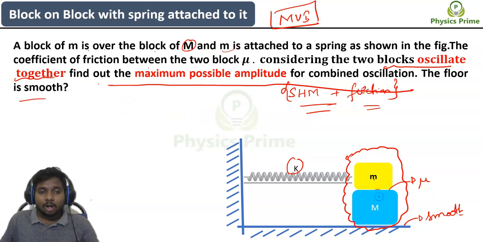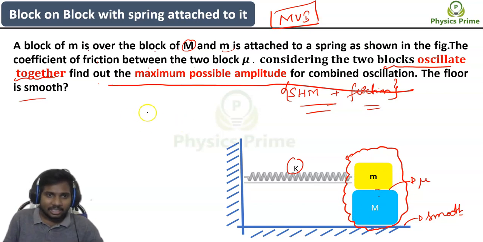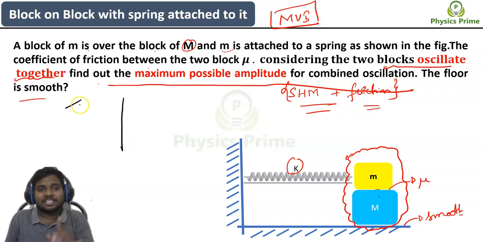If the block is not slipping with respect to small m, they both should move together. So we have to see the condition here. Both blocks should go together, that means they should not slip with respect to each other. Using friction we can solve that point. And second, the force exerted by the spring will be maximum.